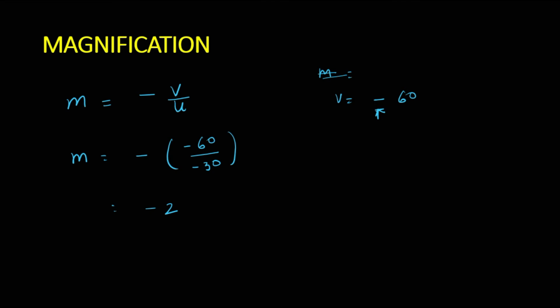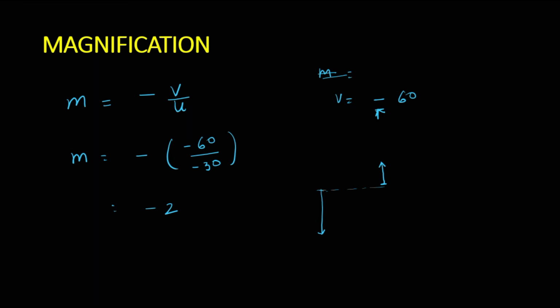It means the image of the object is 2 times larger than the object, and the negative sign says that it is inverted. Suppose the object is like this, then the image is 2 times larger but in an inverted position. So if we know the magnification and the sign of the image distance, we can say the nature of the image.